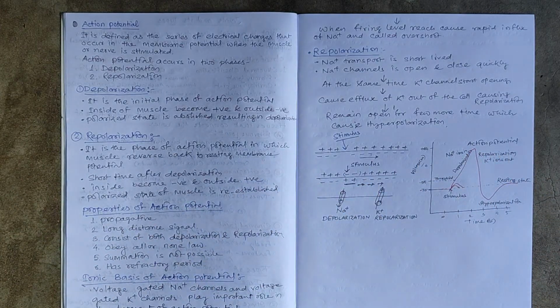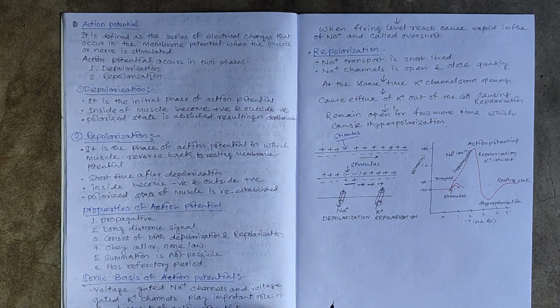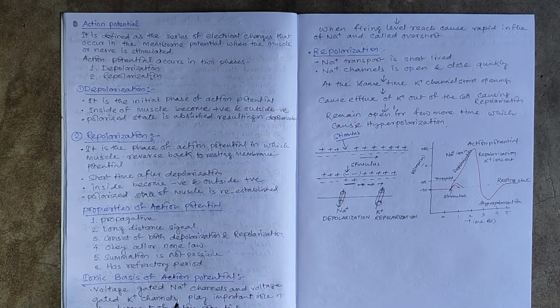Then repolarization. It is the phase of action potential in which the muscle reverts back to resting membrane potential. So there is a base membrane potential or resting membrane potential. This restoration process is known as repolarization. It starts after a very short time of depolarization.